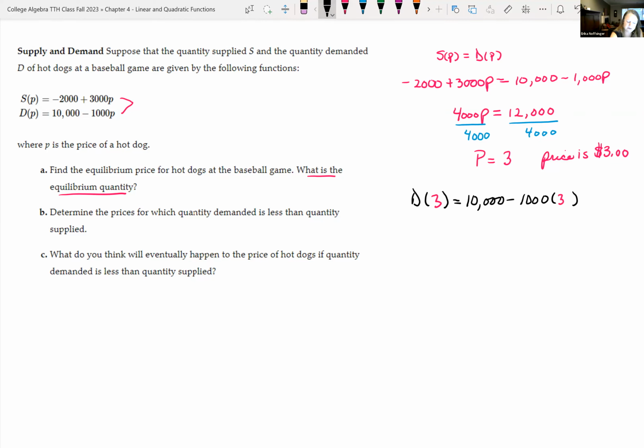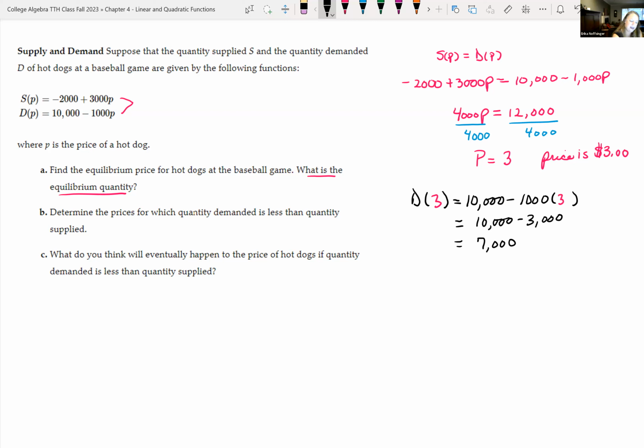So this is equal to 10,000 minus 3,000, which is 7,000. So the demand for hot dogs when they sell for $3 at the baseball game is 7,000 hot dogs. That is the equilibrium price and quantity.